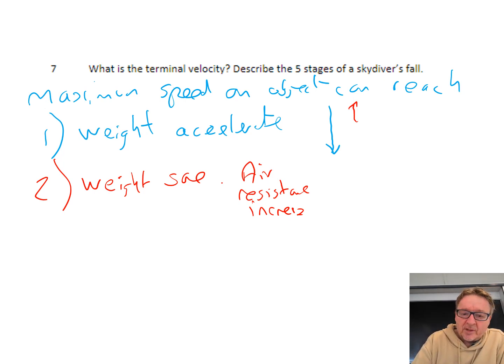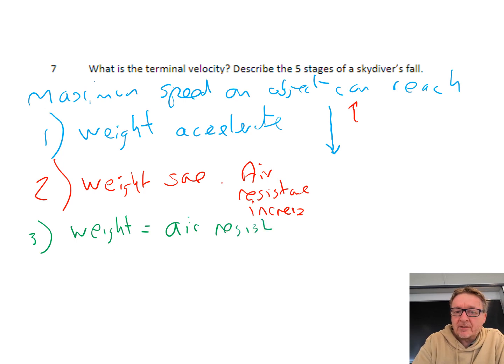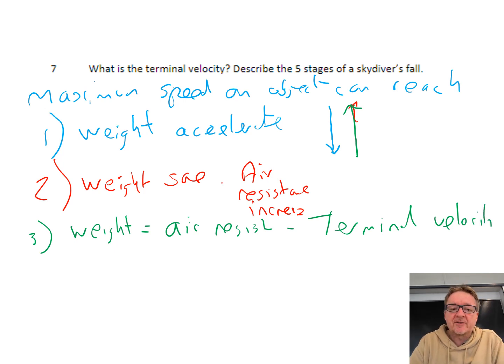Eventually, weight will equal air resistance. So now we've got that. That is then terminal velocity. It's where the weight and the air resistance are exactly the same.